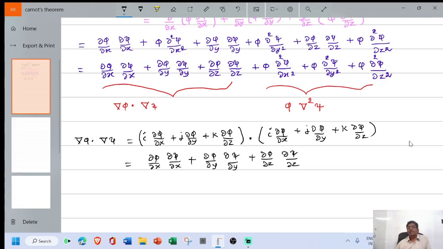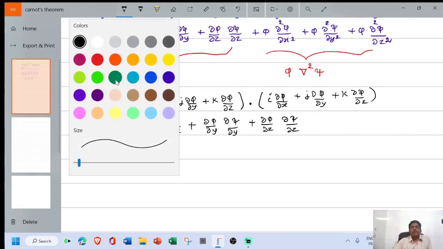In the same manner, we may do this because del square is del dot del. The del square operator is dou square by dou x square plus dou square by dou y square plus dou square by dou z square.